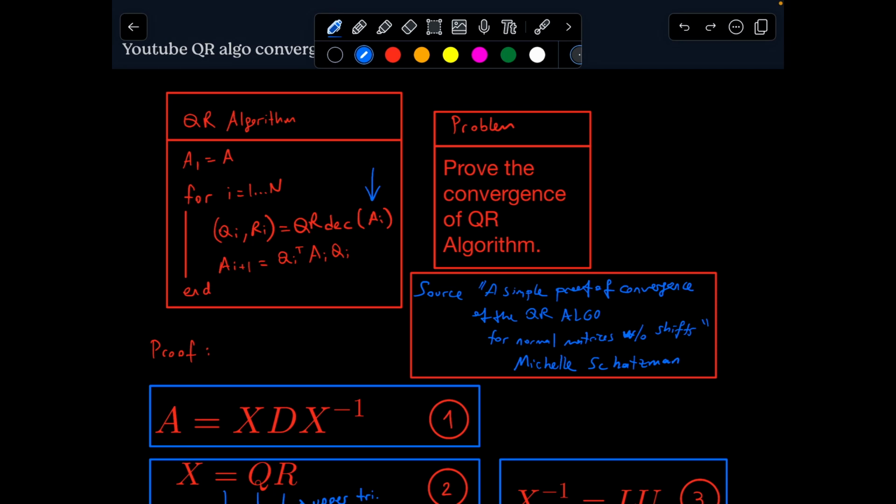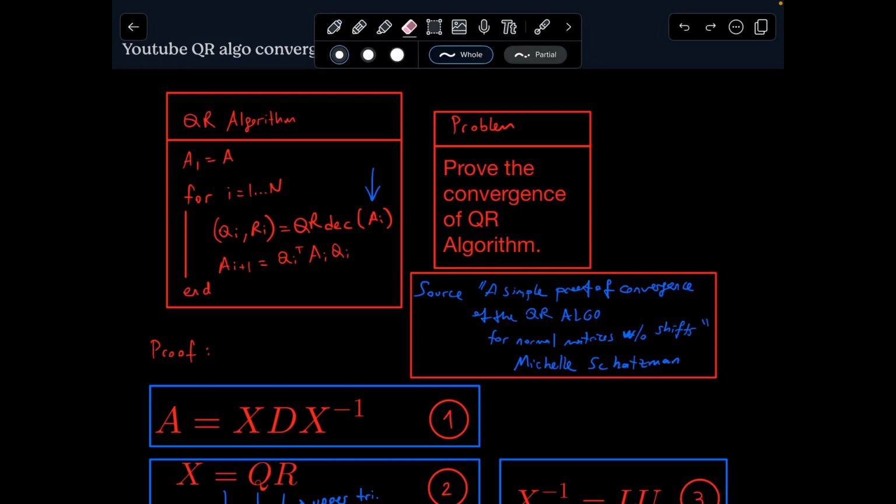There is also one important thing to point out here. By choosing the diagonal entries of the R matrix, this upper triangular matrix, positive, we can make this Q and R unique for a given A matrix.